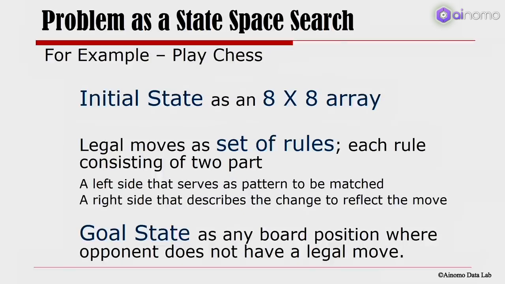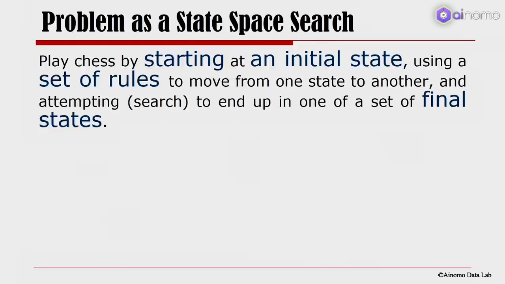The goal state could be any board position where the opponent does not have any more legal move, and therefore it's a win. When we start playing chess at an initial state, using a set of rules to move from one state to another, we end up in one of the set of final states.